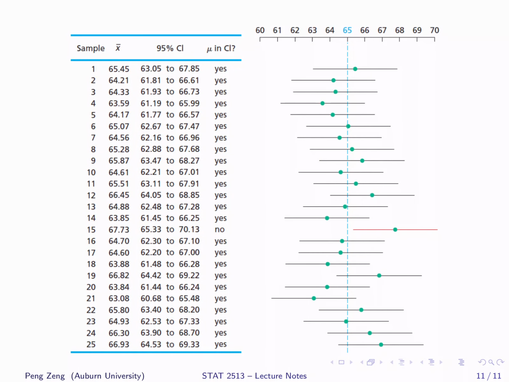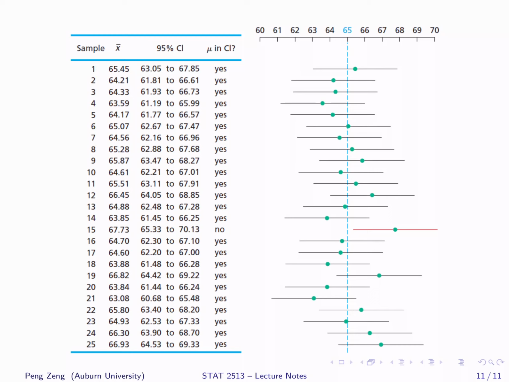We take 25 samples. Each sample has 36 observations. For each sample, we calculate the sample mean X bar and also construct 95% confidence intervals. Notice that the confidence interval is X bar plus minus 2.4.